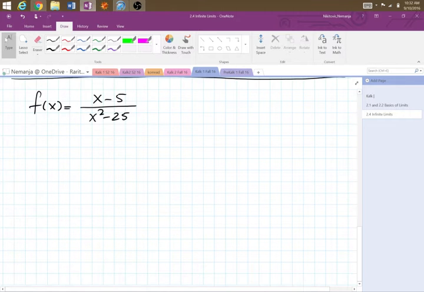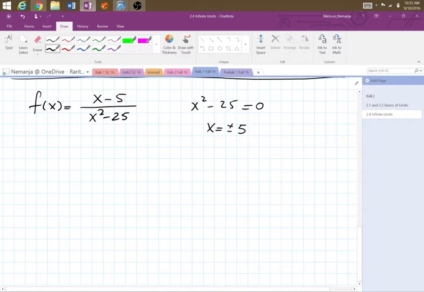So when I set x squared minus 25 to 0, I get x equals plus or minus 5, and I don't get to claim they're vertical asymptotes. I get to say these are the candidates to be vertical asymptotes.